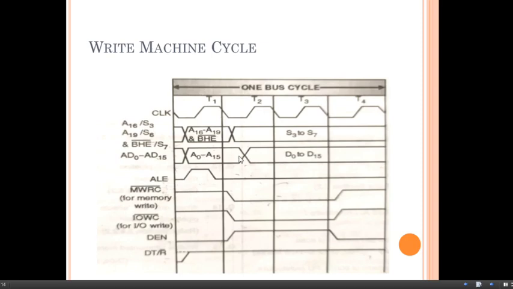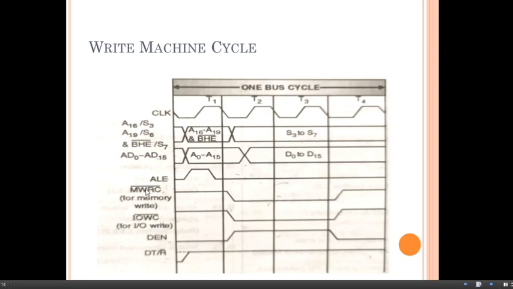Means after taking off the address, the 8086 will put the data D0 to D15 on these address and data lines. At the same time, the status signals S3 to S7 are also output in this T2 clock cycle by the 8086.